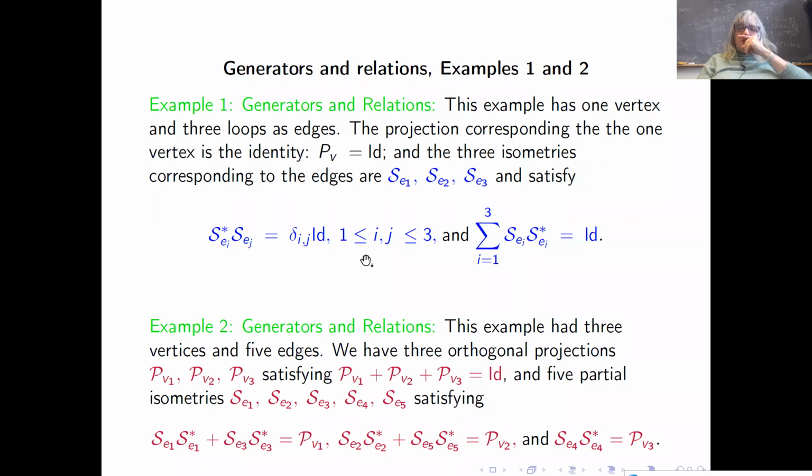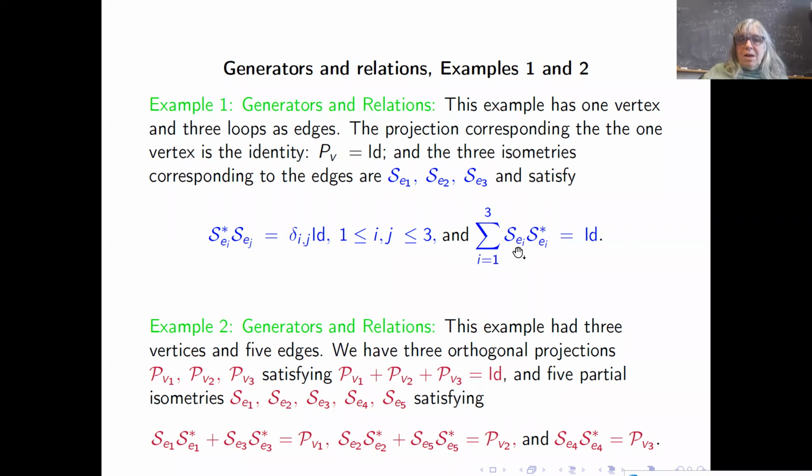All right, so let's go back to our examples. Now remember, example 1 had 1 vertex and 3 loops as its edges. Well, it turns out in this case, your P_v is just the identity, and your edges S_e1, S_e2, S_e3 give you isometries that satisfy S_ei star S_ej is delta_ij times the identity.